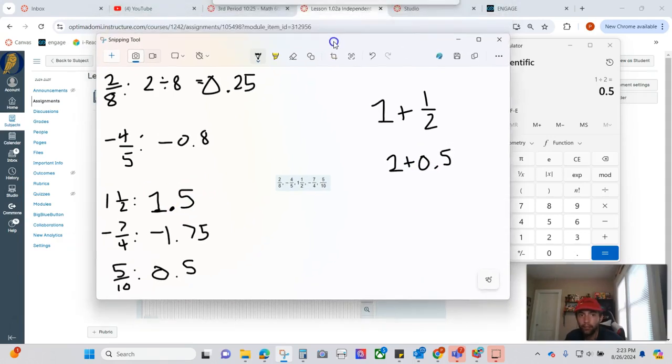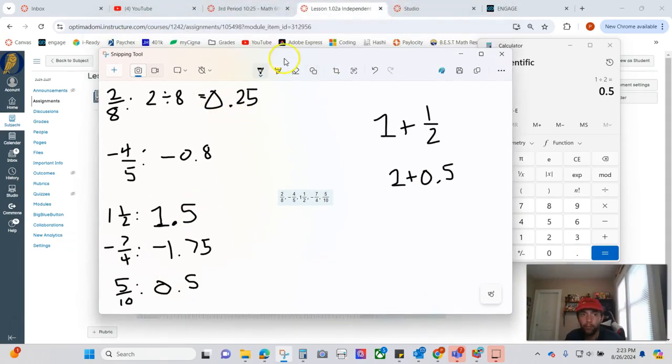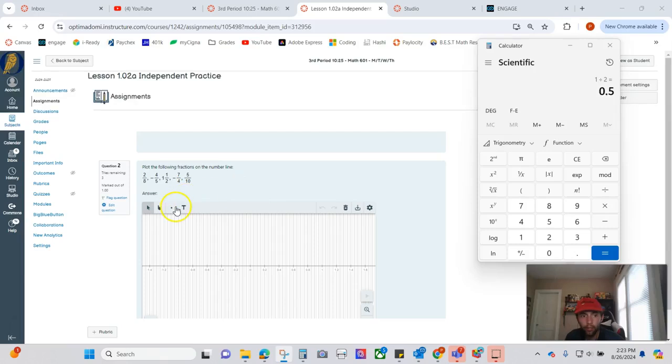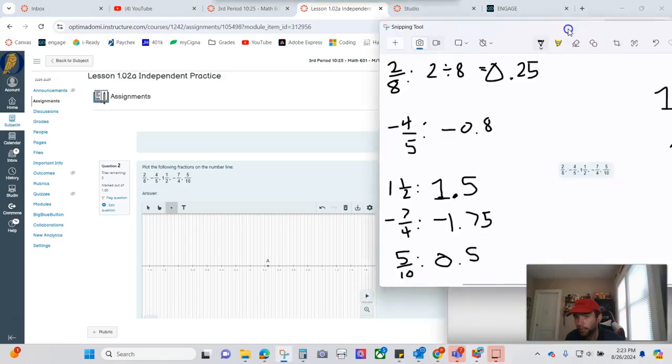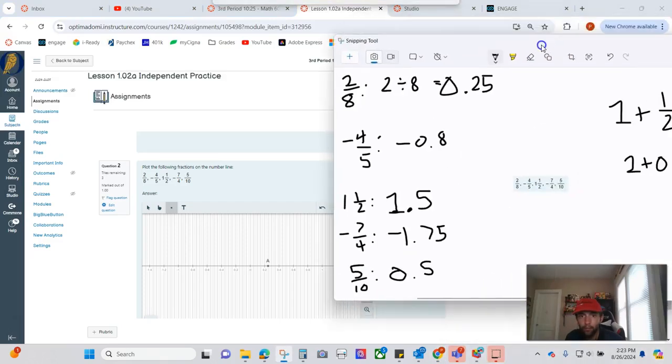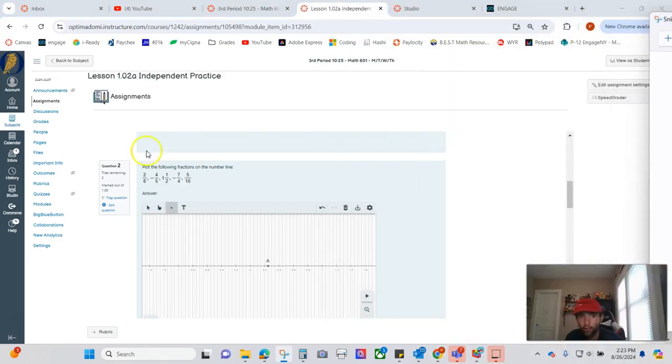Now let's plot these numbers. Let's start with 0.25. I click on my point tool, start at 0, and find positive 0.25. Bingo. Our next number is negative 0.8. So I start at 0, go negative 0.8, right there.